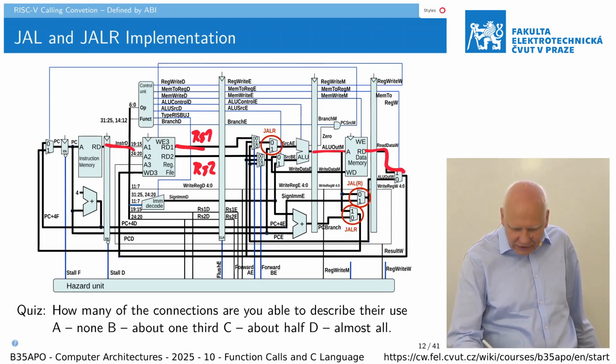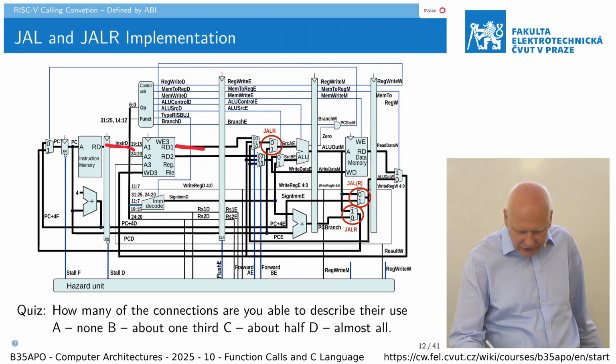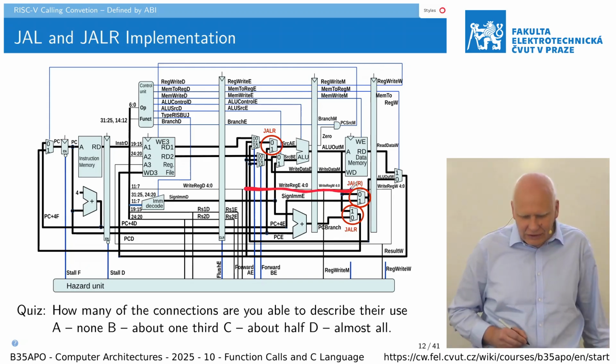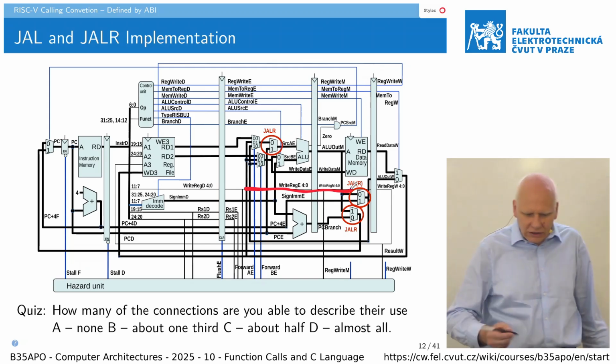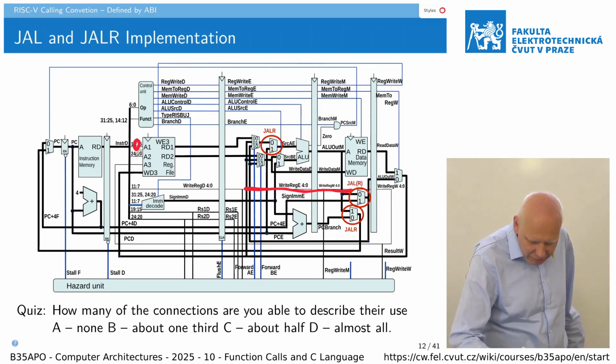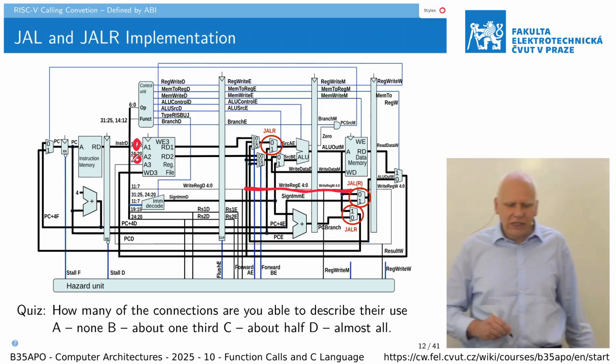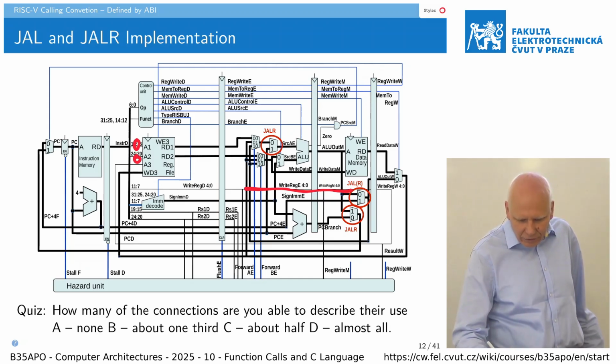Here we see that there is that problem with the hazard when we try to modify the register. If this wire specifies this signal, that we modify the register which is read by some of the following instruction here, then in such a case we can forward the value.